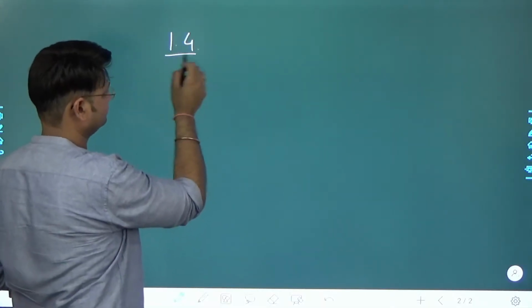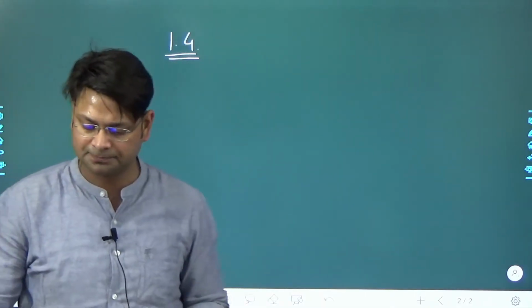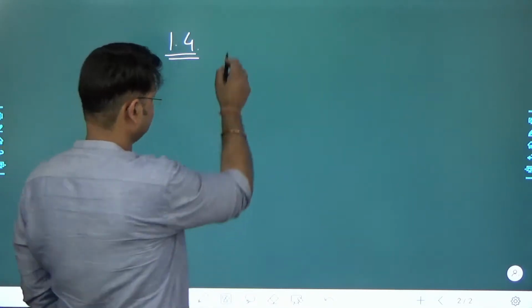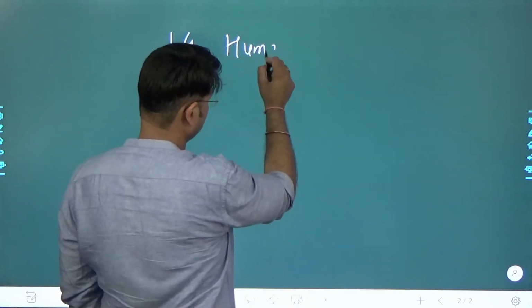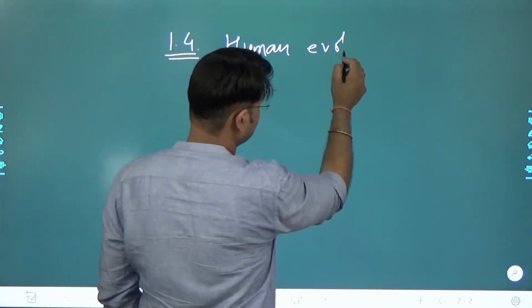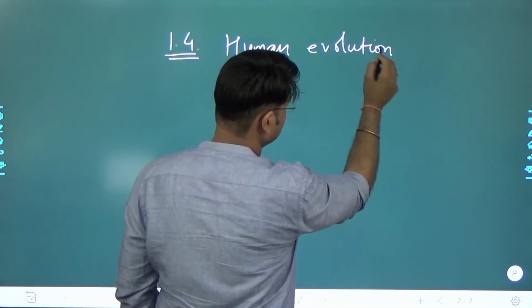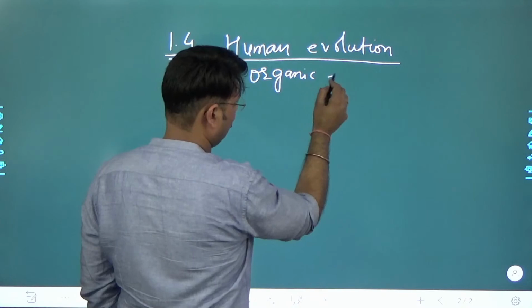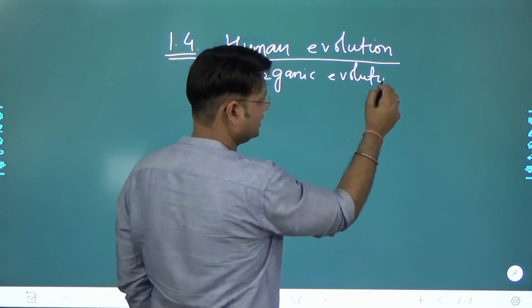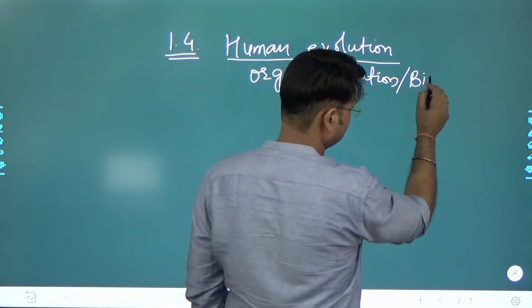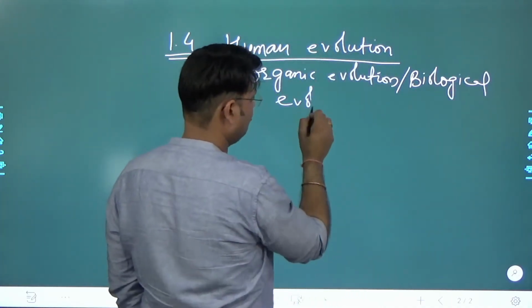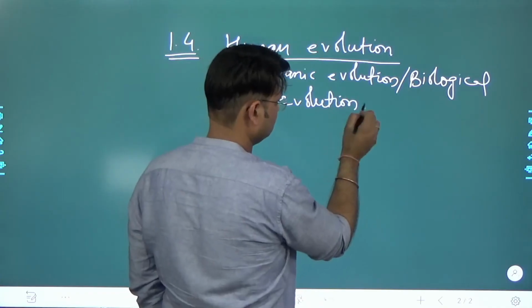Then in unit 1.4, basically we have human evolution and emergence of man, right? Here we will try to understand the biological aspect, organic evolution, or you can say biological evolution, right? How humans evolved, right?